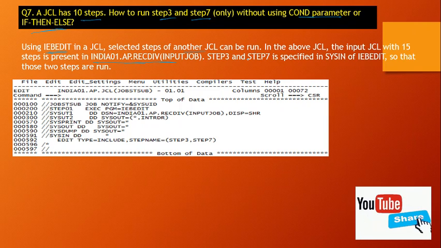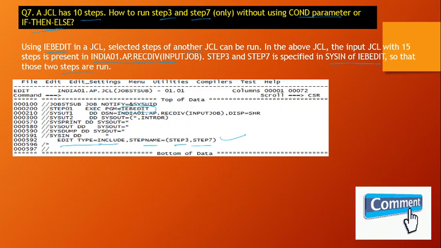In this, step 3 and step 7 are specified in the SYSIN of the IEBEDIT utility so that only those two steps run. We give in the SYSIN of this utility EDIT TYPE=INCLUDE, and you need to give the step name of whatever step you want to run.